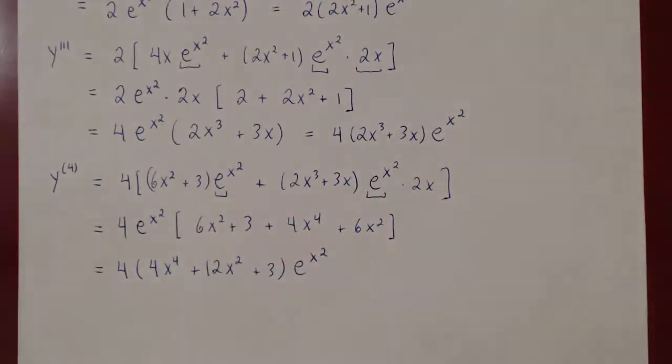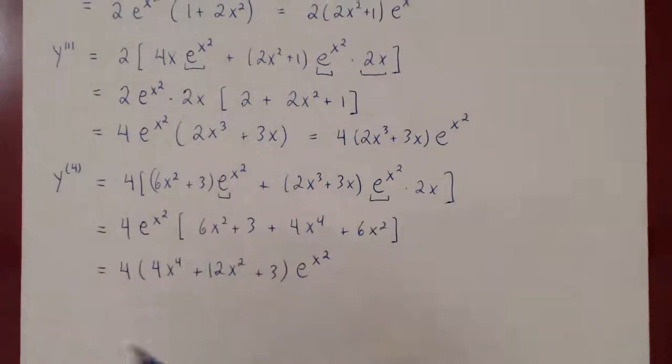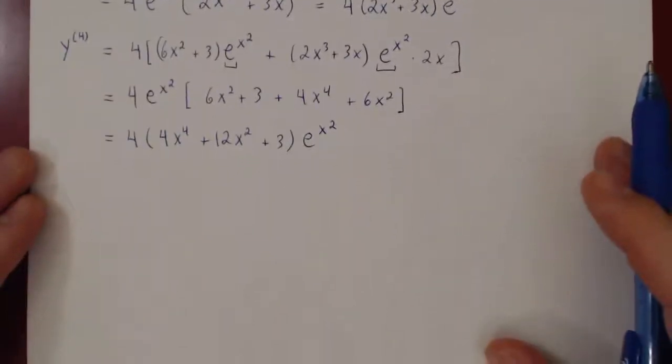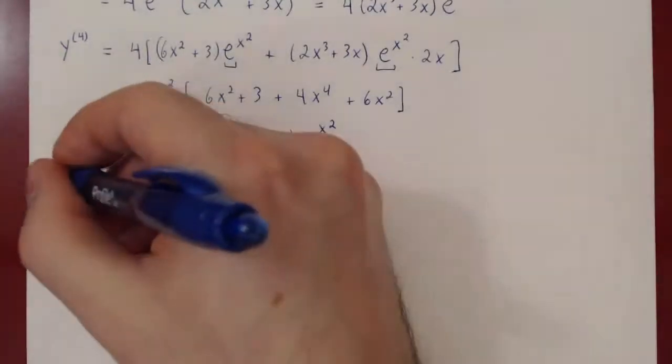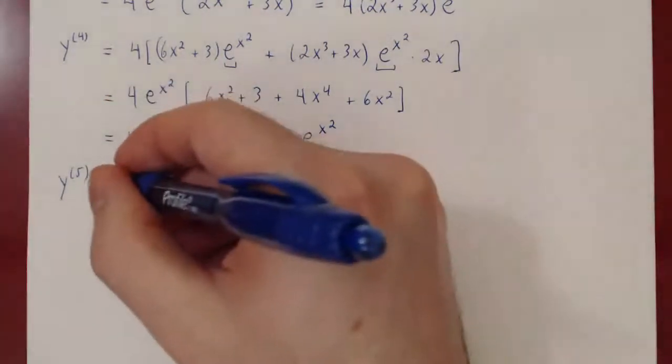Now we catch our breath and we say one more time. We wanted the fifth derivative, so if you differentiate the fourth derivative, you will get the fifth derivative. Y to the 5 in the round brackets.